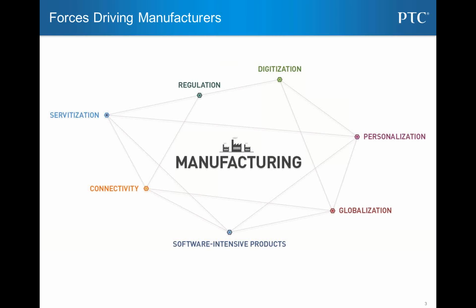For instance, we have customers like Carrier, who sells heating, ventilating, and air conditioning equipment, and they increasingly sell climate control services. They have customers who buy a service to keep their building at a constant temperature throughout the year, and they are responsible for delivering that service in an uninterrupted fashion.